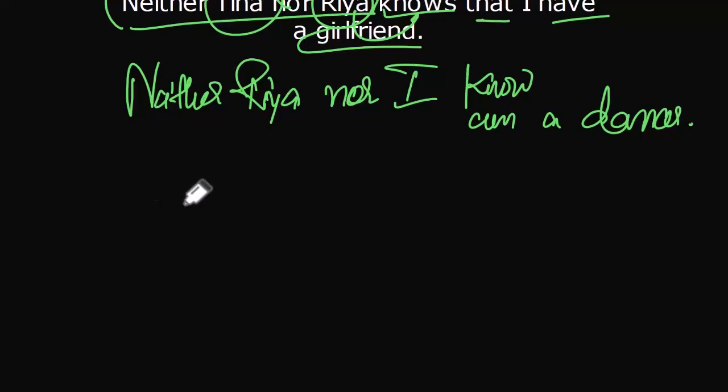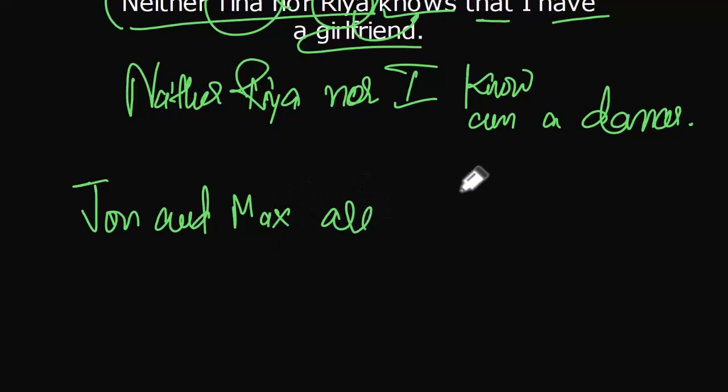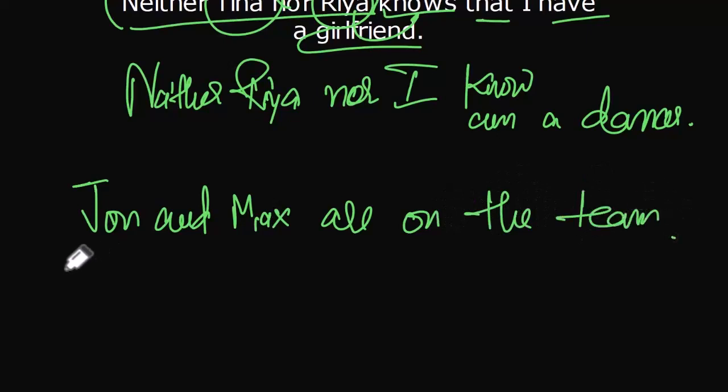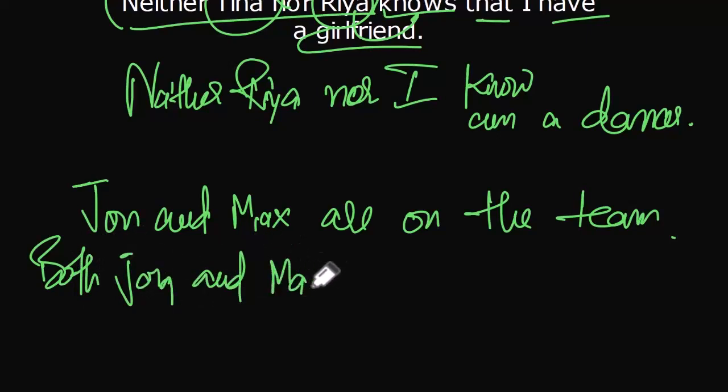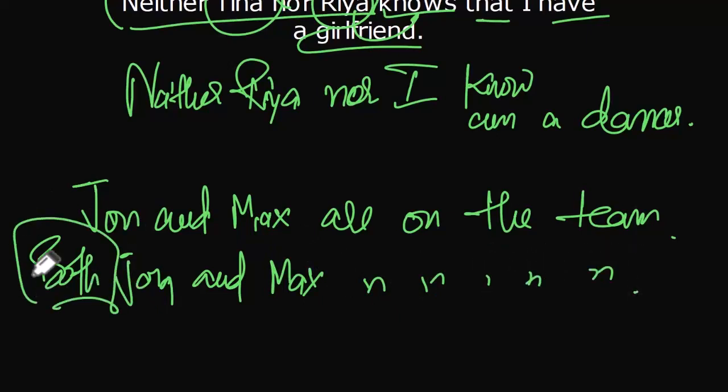If I say John and Max are on the team, I can also say both John and Max are on the team, right? Both just restricts the meaning, or makes it clearer. Okay, that's what it does. It's not different from and in any way.